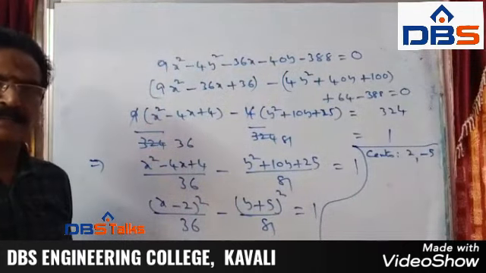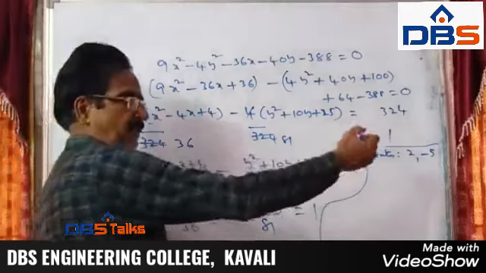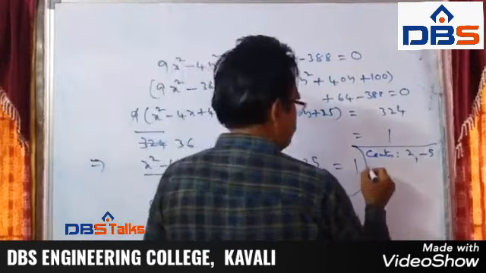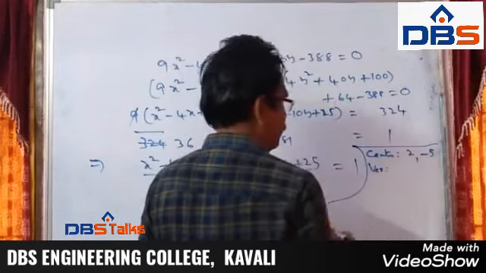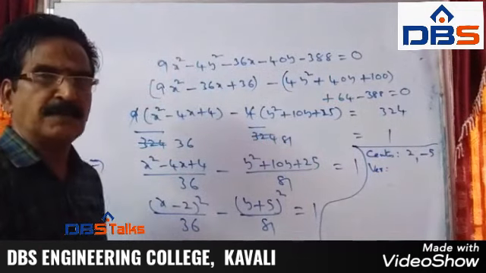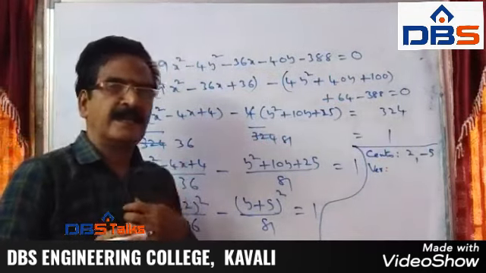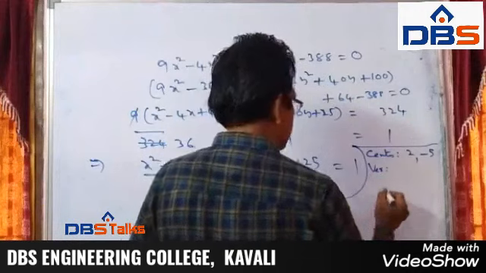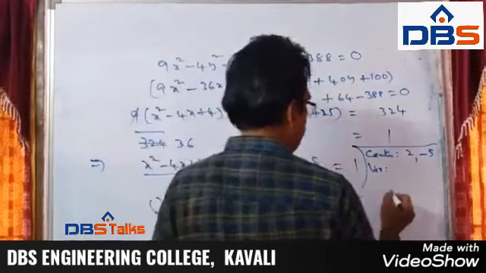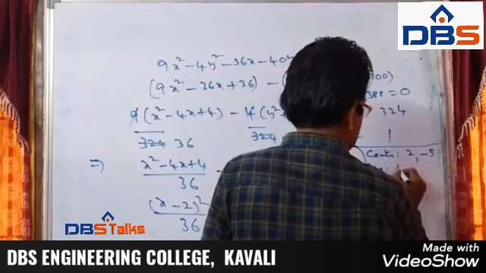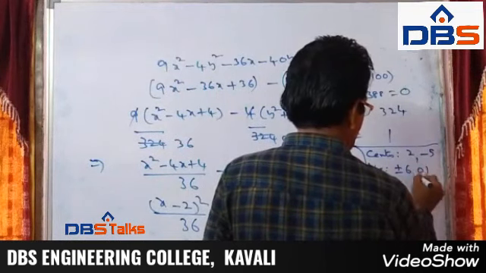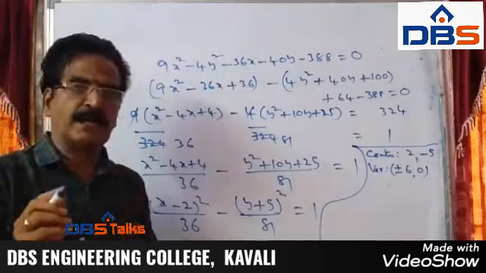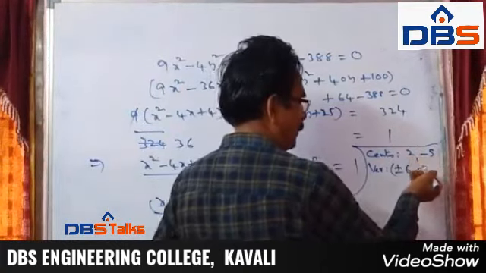Then vertices. The transverse axis is along the x-axis, parallel to the x-axis. So vertices are plus or minus a comma 0 for a normal hyperbola, and we have to add the center. Here a is 6, so vertices are plus or minus 6 comma 0, our normal form, but here the center is 2 comma minus 5.